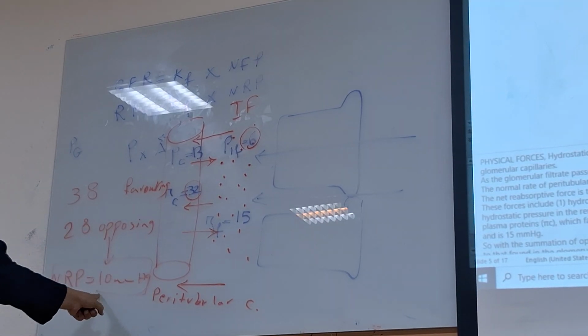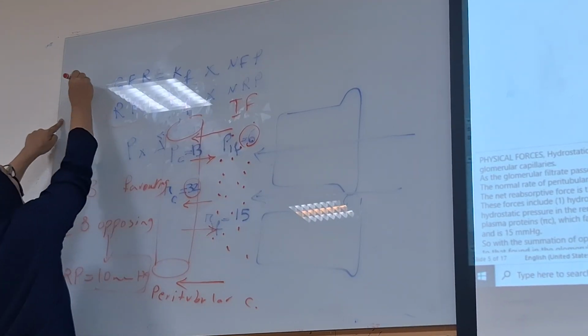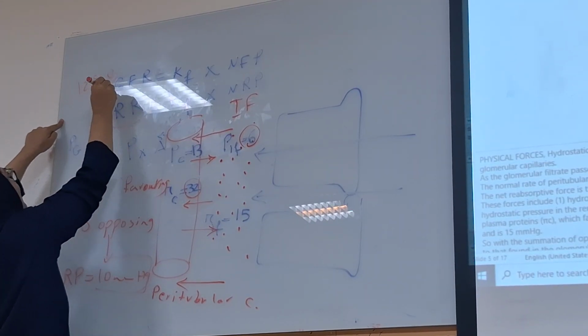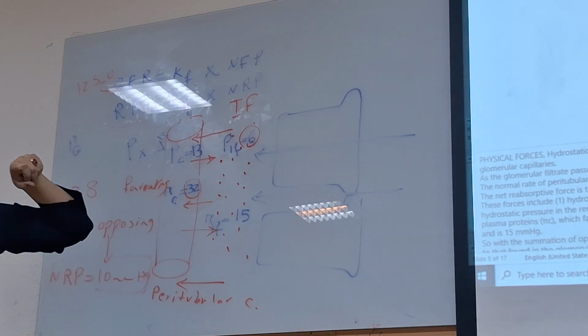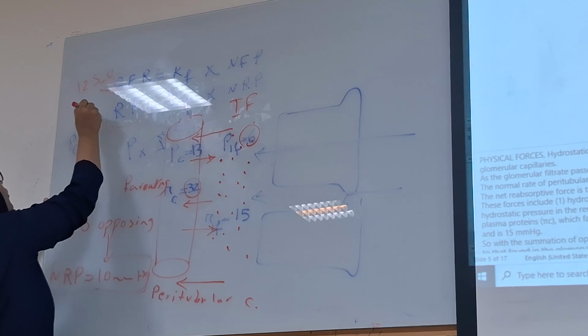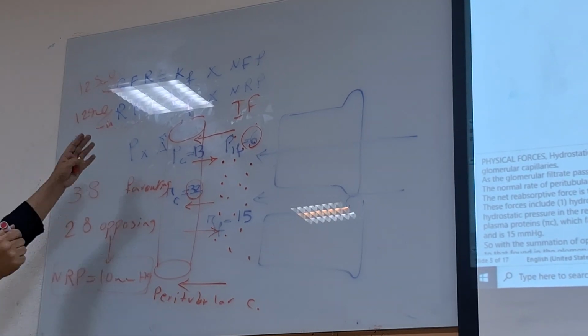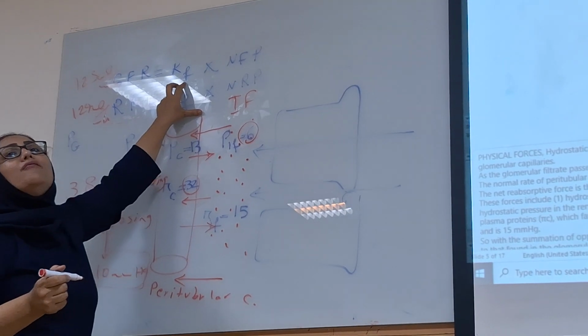But again, yesterday I told you GFR is 125 milliliter per minute. Reabsorption rate is 124 milliliter per minute. Okay, now let's calculate KF.